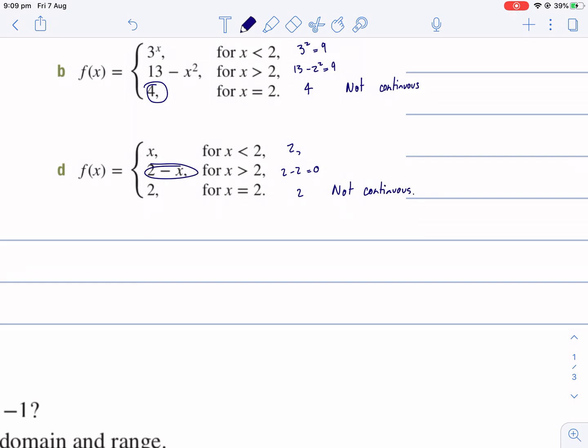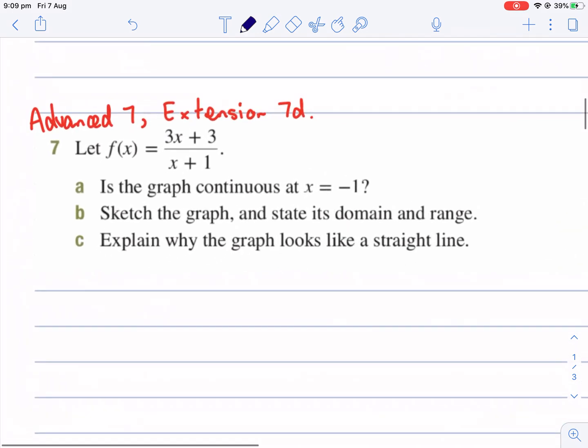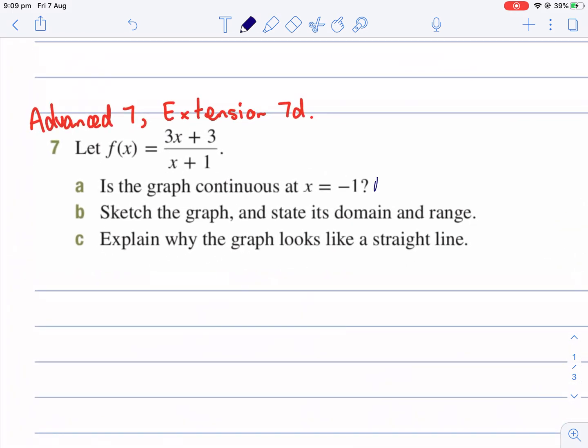This one's gone weird. Okay, this one. No. Because -1 plus 1 equals 0, so not continuous here.